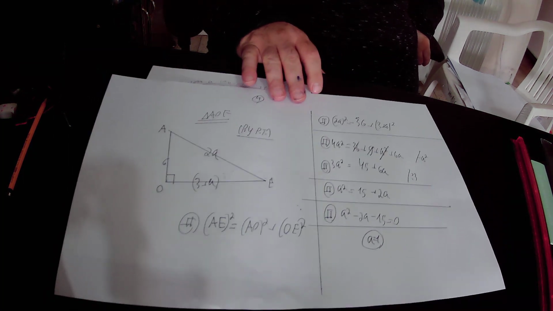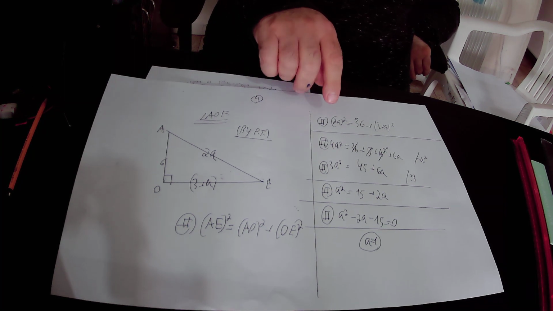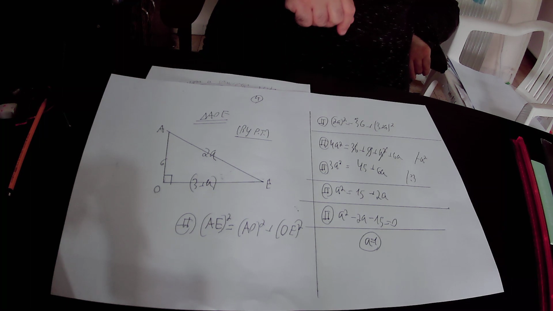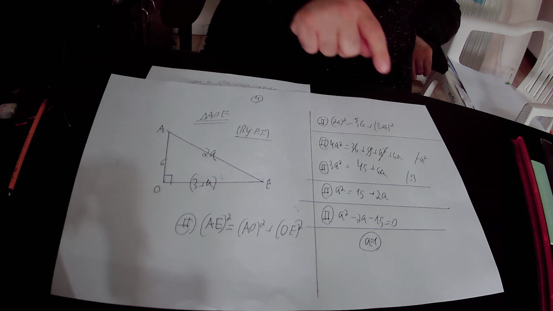We open the brackets on both sides of this equation, equation number 2, and found that (2A) squared, which is 4A squared, equals 36 plus (3 plus A) squared, which is 3 squared, that is 9, plus A squared plus 6A.